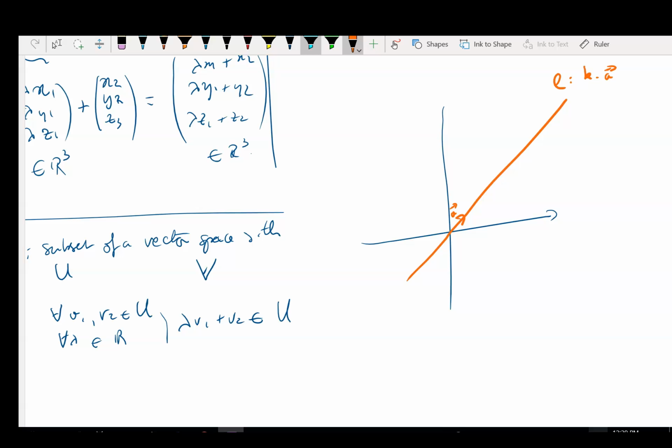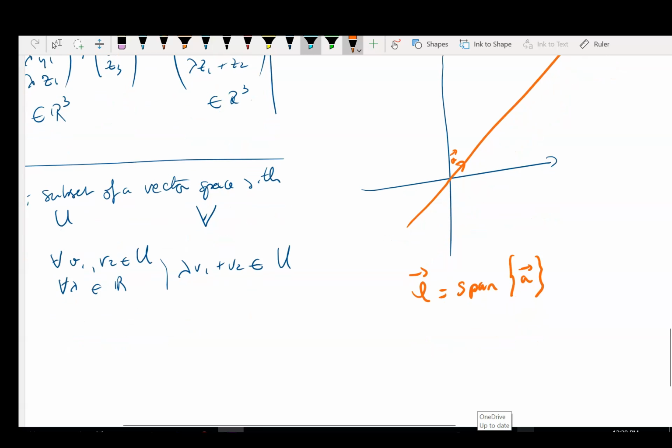Okay, and we even have this notation. Maybe you haven't seen that last year, but let's say that this line is in the span of the vector A, meaning anything that can be written as a constant k, whatever your constant is, times that vector A, belongs to my line.